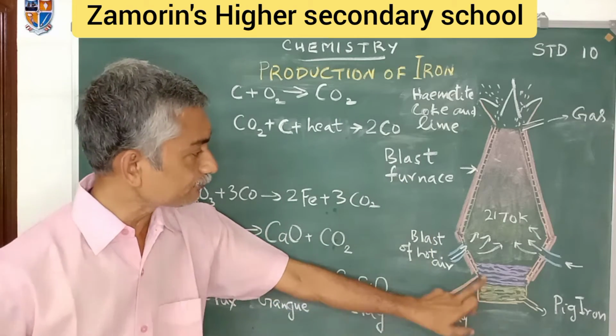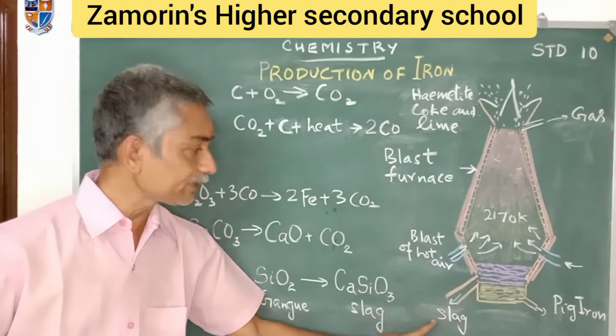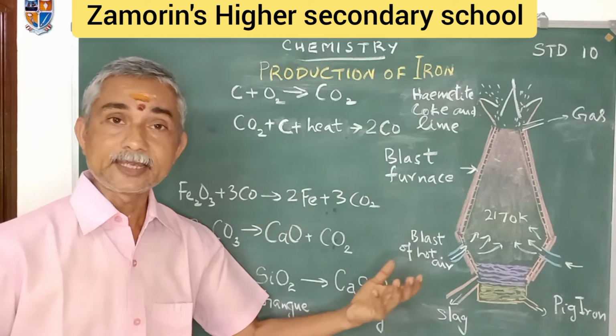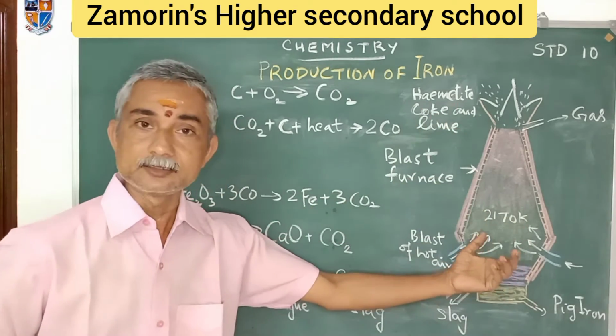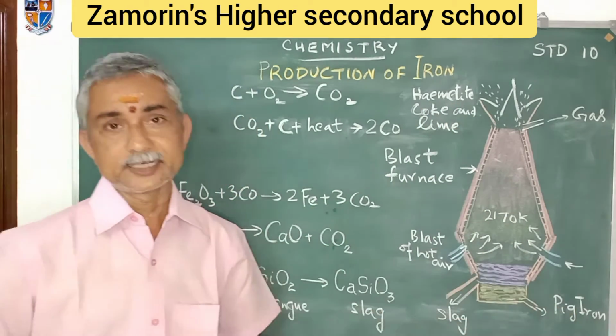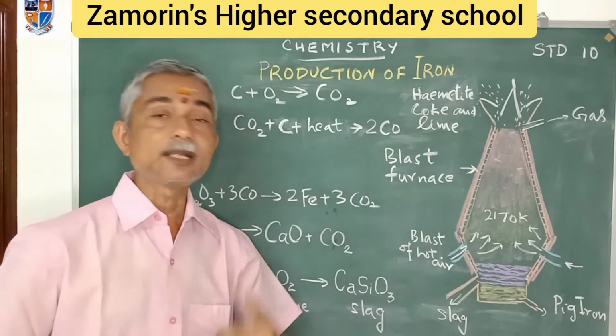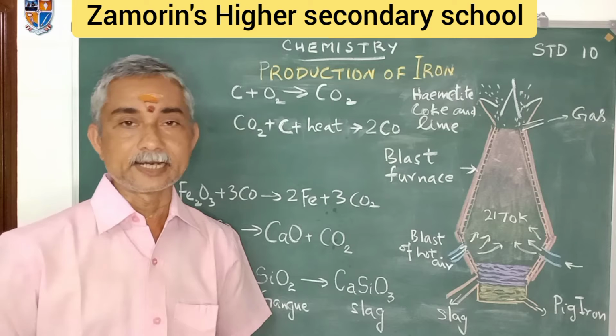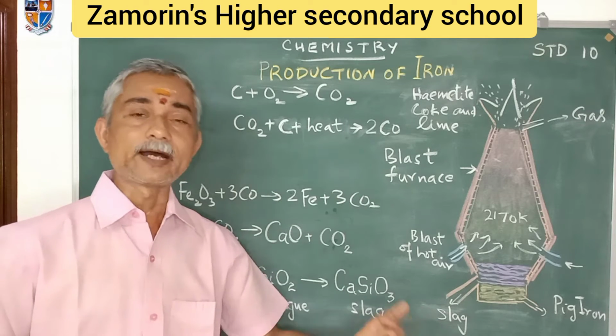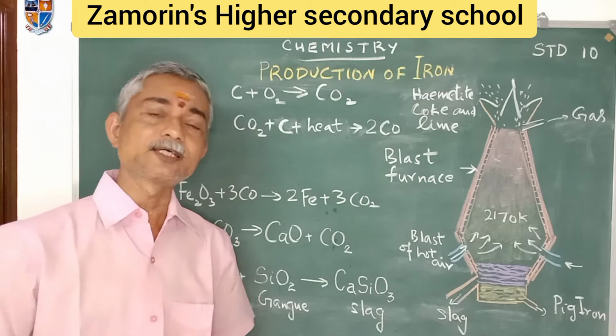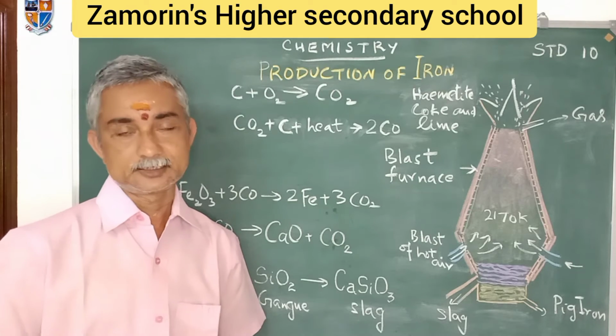This slag will float and can be removed, and the iron obtained by this method is called pig iron. Some more impurities may be present in pig iron, so it is called pig iron. They can be removed by heat treatment or further purification methods.